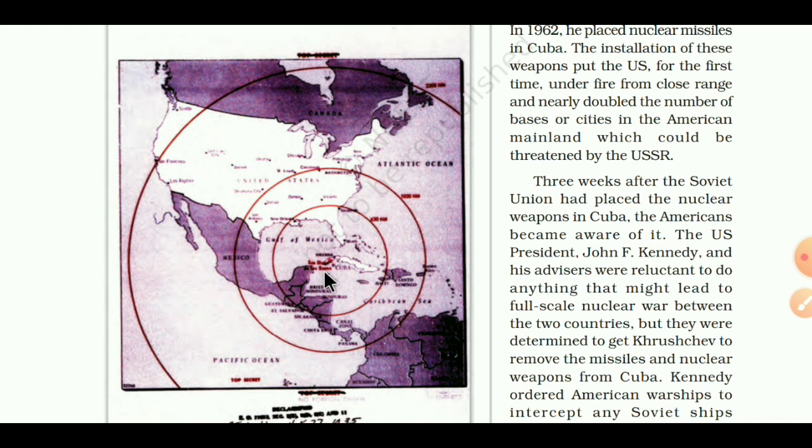In 1961 the USSR placed powerful nuclear weapons such as nuclear missiles and artillery in Cuba. At that time the USSR was worried because the USA wanted to invade Cuba and overthrow the president, Fidel Castro.